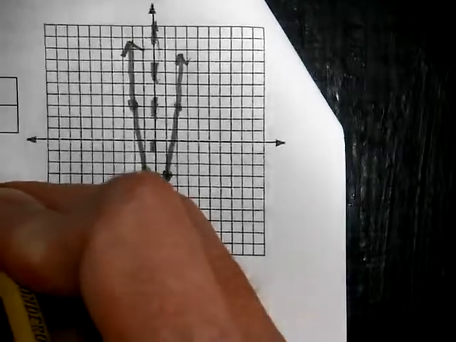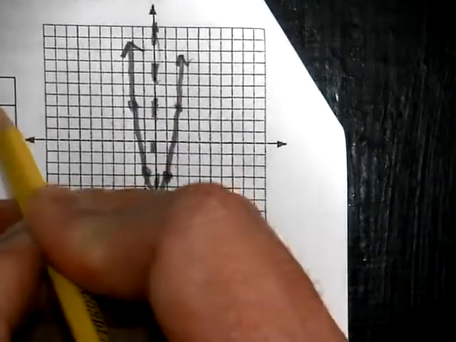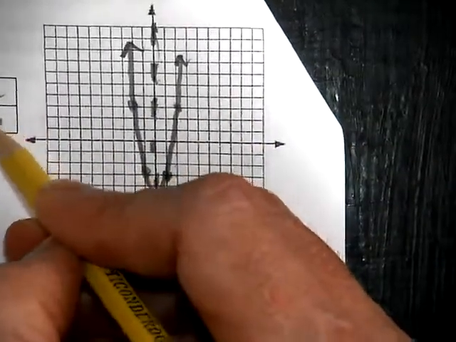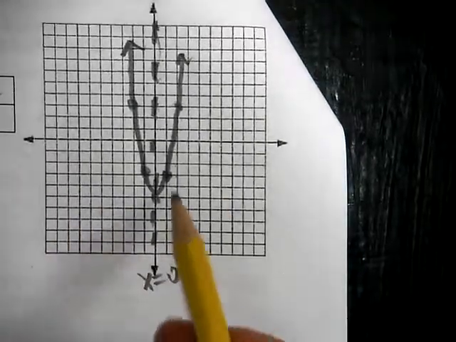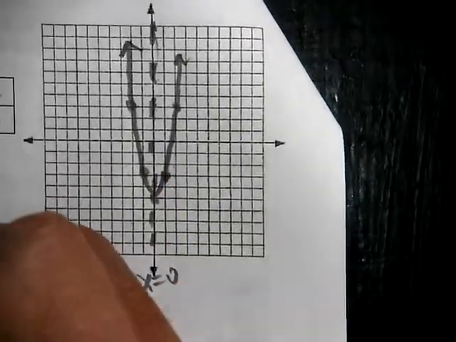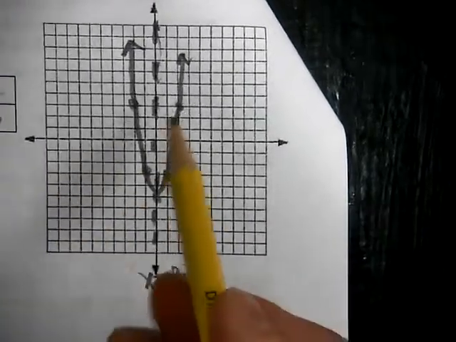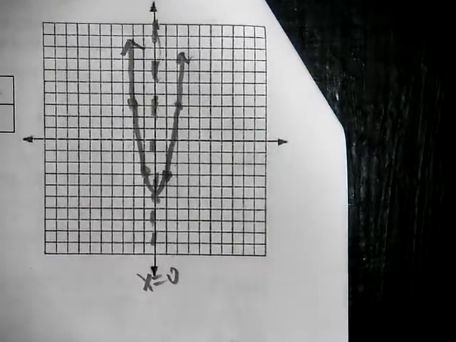So I have a point at 1 comma negative 3 and 2 comma 3. At negative 1, I'm still at my negative 3. And at negative 2, I'm at the same height, which is up 3.